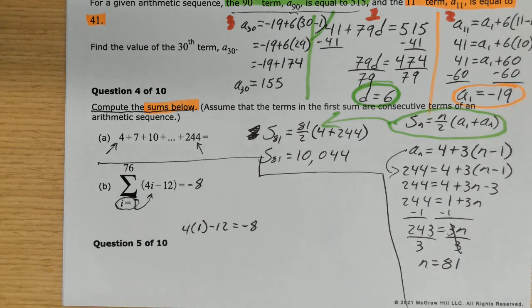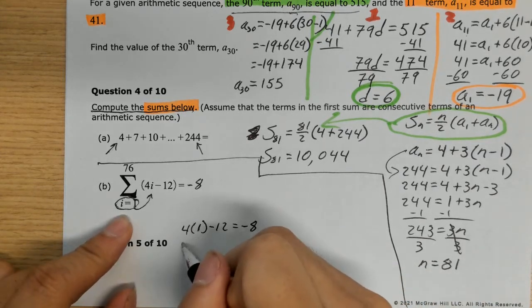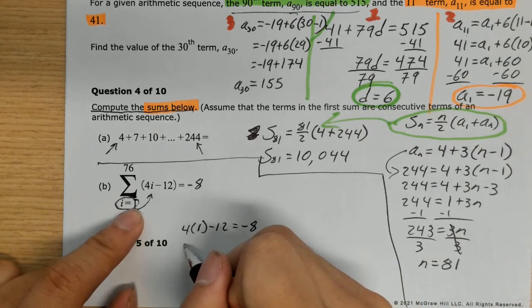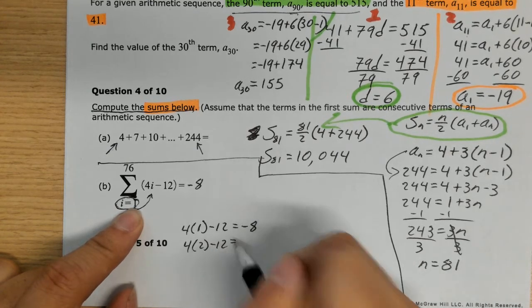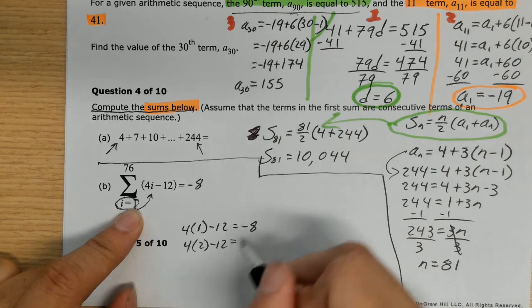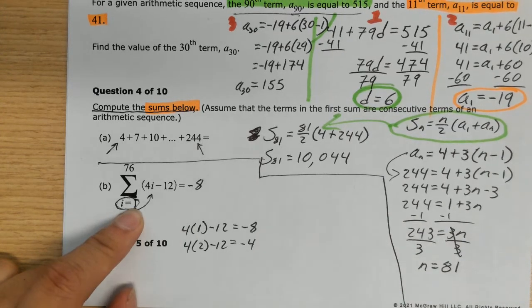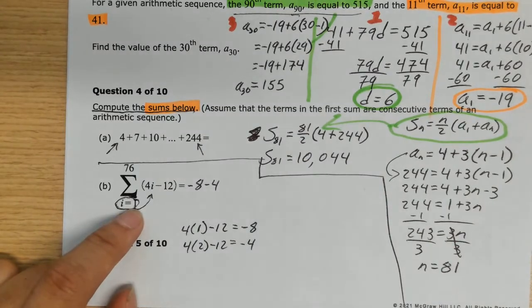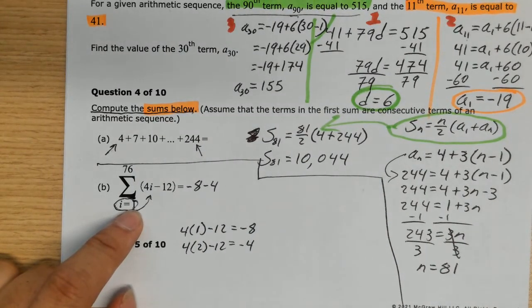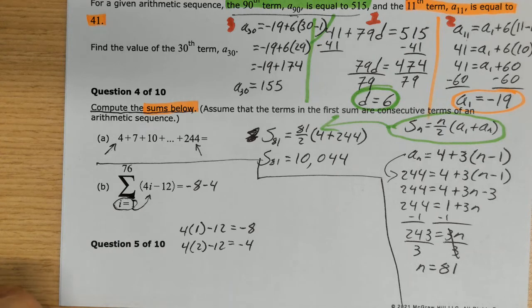What's the term after 1? 2. If I plug in the value that goes after this one, which is 2, that gives me the second value, which is negative 4. And that's how we can find the difference, but first this is how we want to find the sum. We can keep going like this.